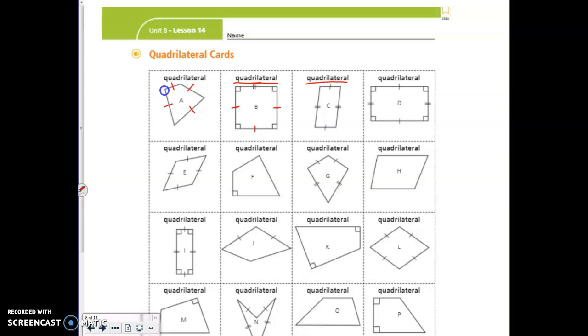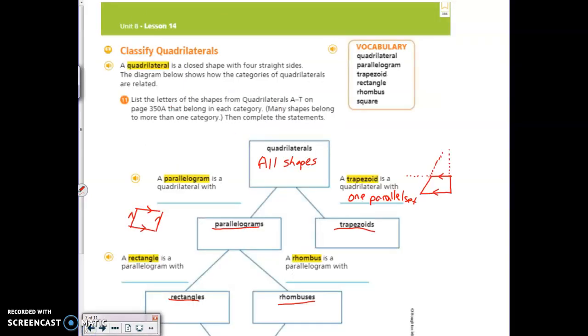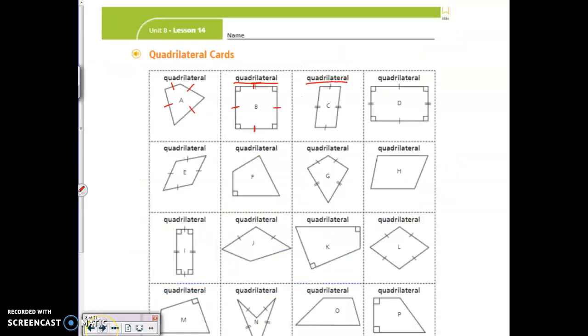So as we go back to this previous page, shape B, would that be considered a parallelogram or a trapezoid? Okay, so we look at that shape, and we can see that this side here appears to be parallel to that side, so it's for sure at least a trapezoid. But now let's look at these 2 lines here.